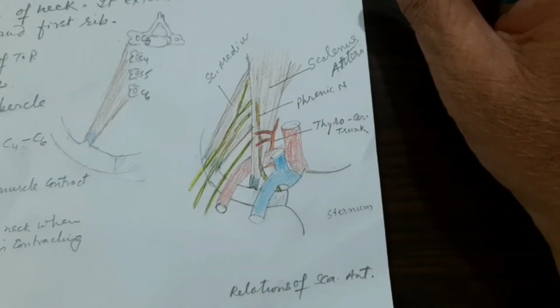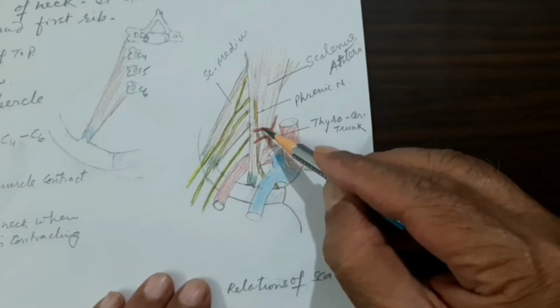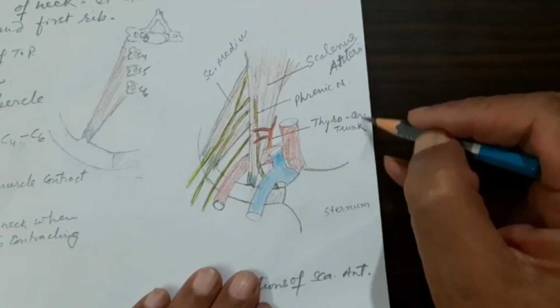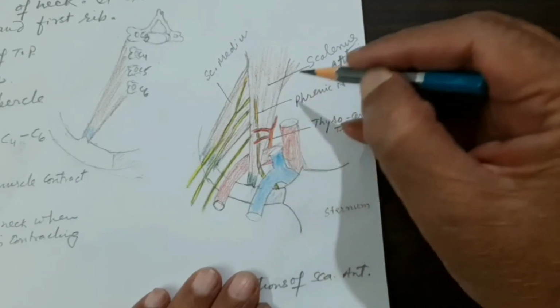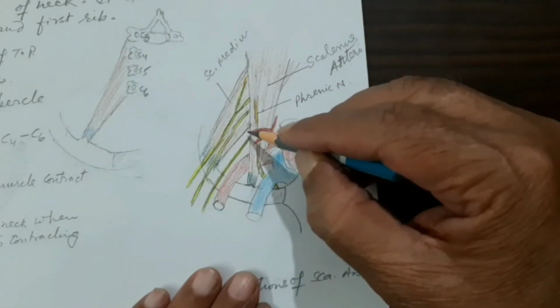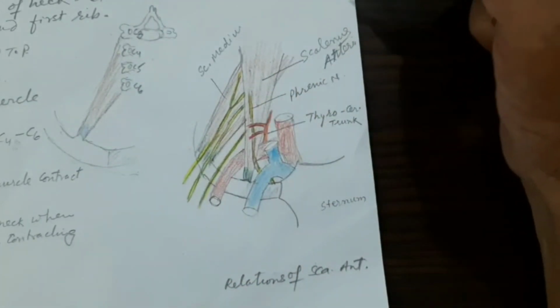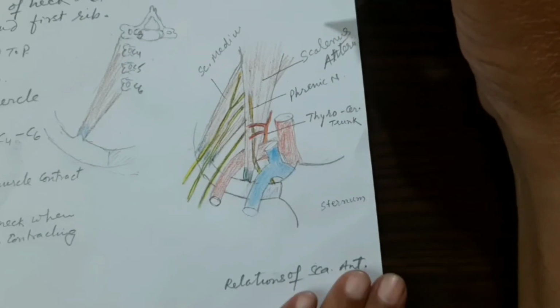Now it is also crossed anteriorly by these two arteries. These two arteries are branched from the thyrocervical trunk, from the first part of the subclavian artery. The thyrocervical trunk gives two branches downward, and it continues as the inferior thyroid artery.